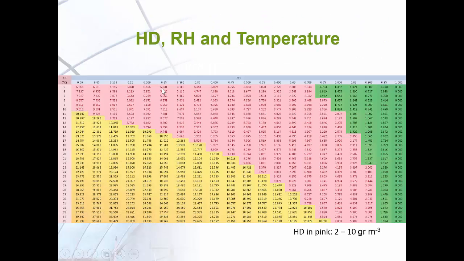Using this table, one can also look at different combinations of humidity deficit or mass deficits in terms of grams of water per volume basis at different combinations of air temperature and relative humidity levels.